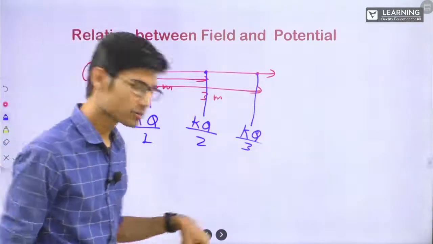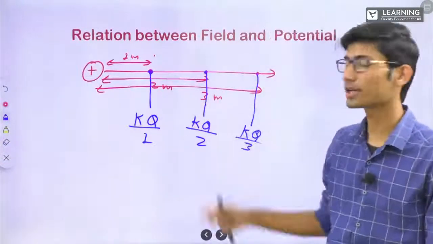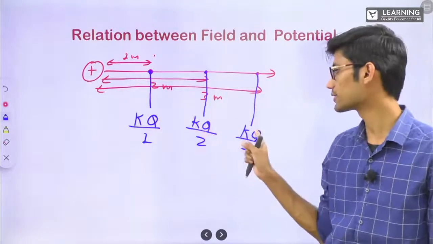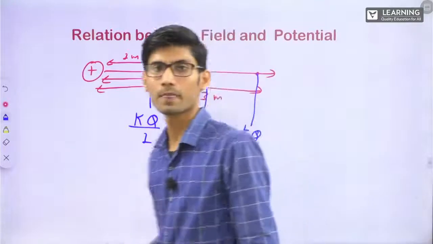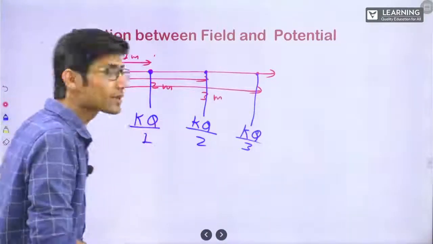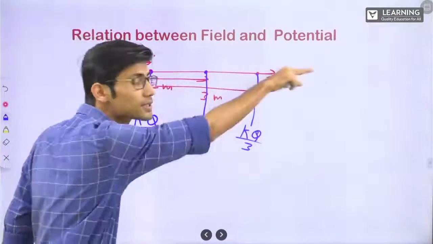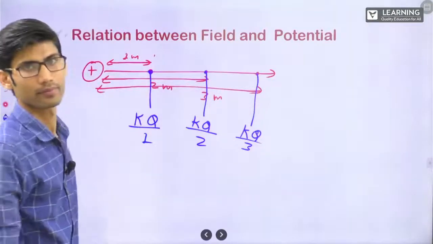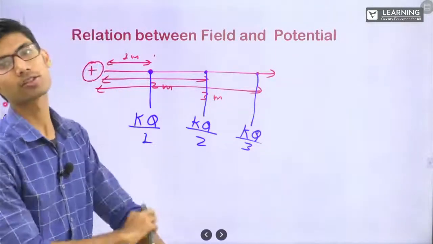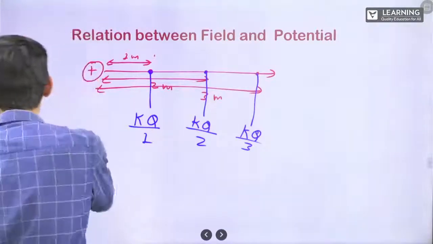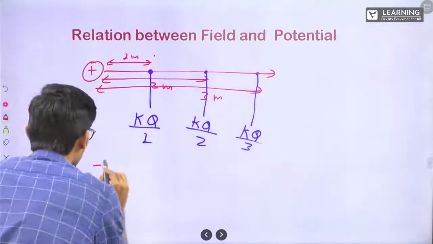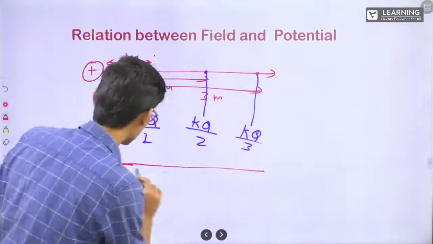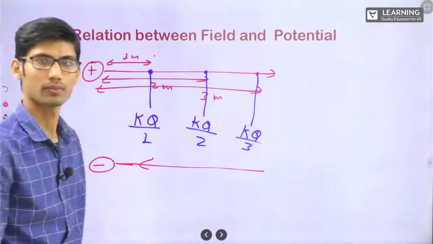Can you tell me which one is the smallest and which one is the largest? This is the largest, this is smaller than this, and this is smaller than this. Correct? Now notice one thing, as we are moving along the electric field line, the potential is decreasing. Is it always true? Yes, it is always true. If I take a negative charge also, let's say, the electric field line will be towards the charge. Correct?